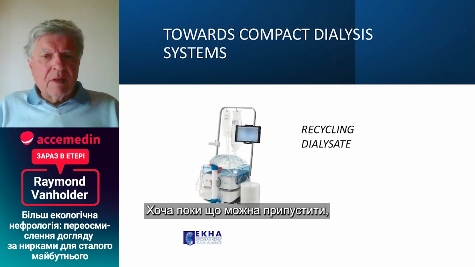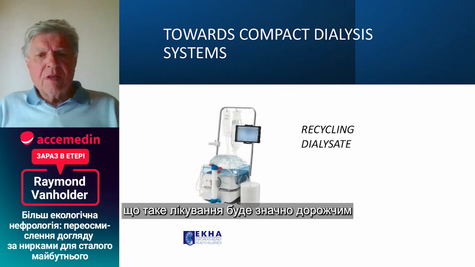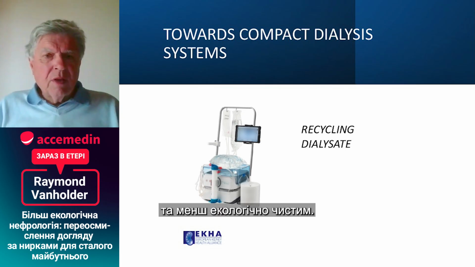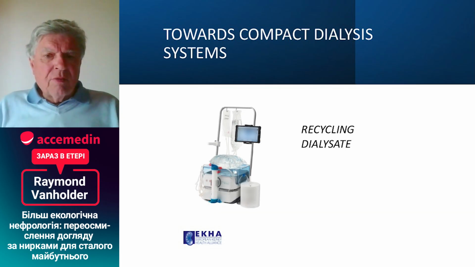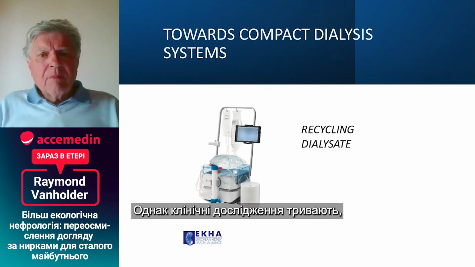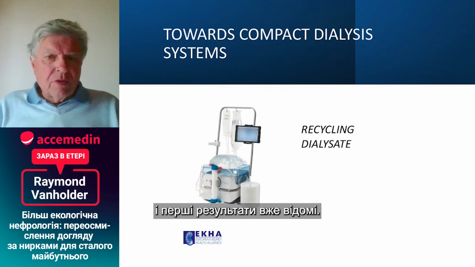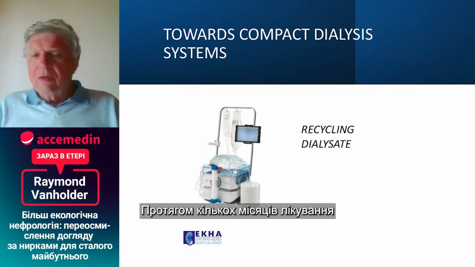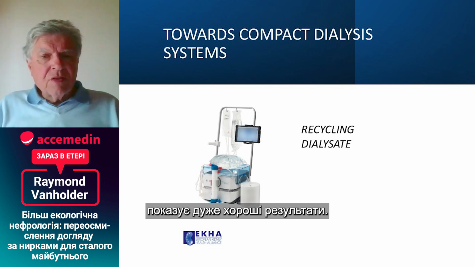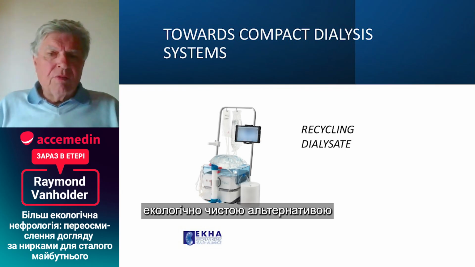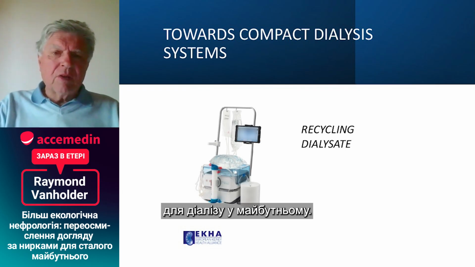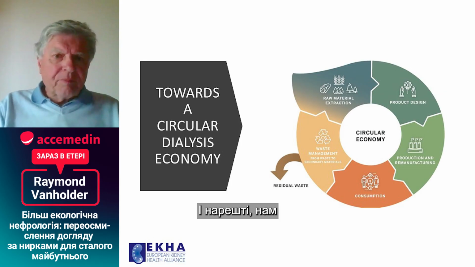It's an element that needs to be studied more carefully, but we can assume that this treatment will be much more friendly for the environment. As the clinical trials are ongoing and the first results are already known, at least over a period of a few months, this treatment is very well supported. This could be a very valid environment-friendly alternative.